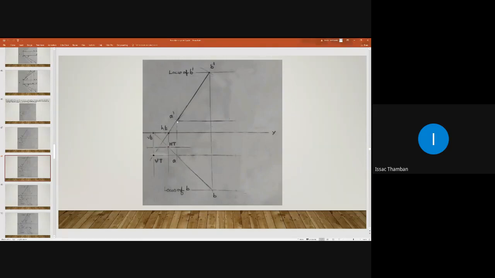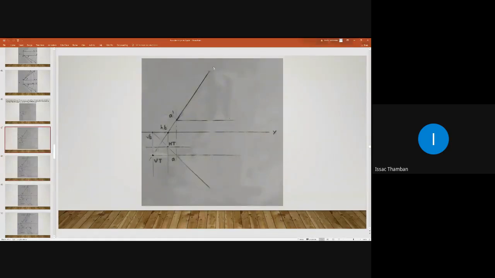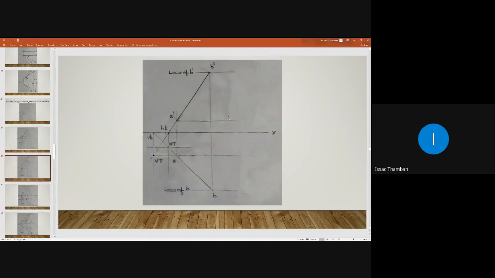You take 50 mm in your compass and intersect on this. Here we haven't obtained this end, isn't it? So for that, you take 50 mm in your compass and with A dash as center, intersect on this line so that you will get the position of B dash.